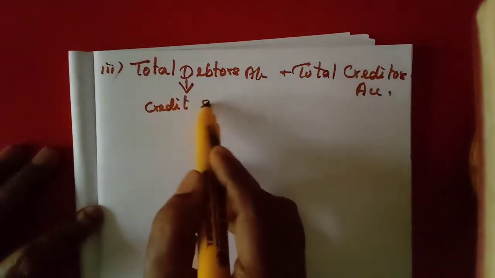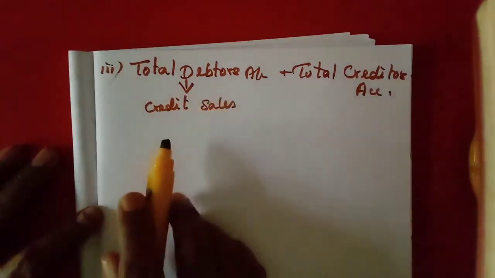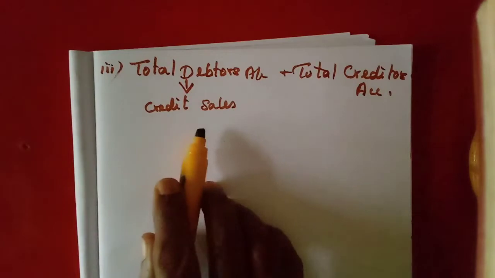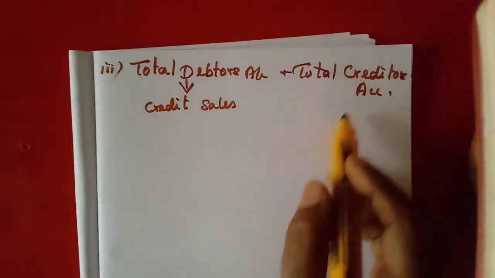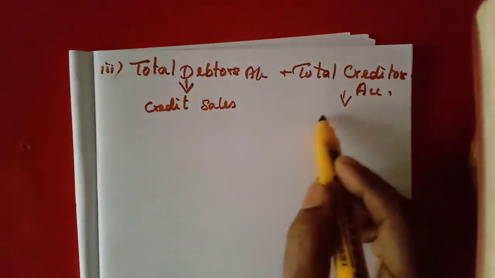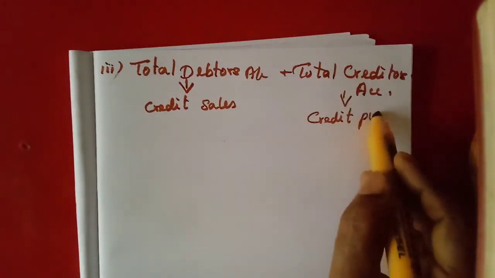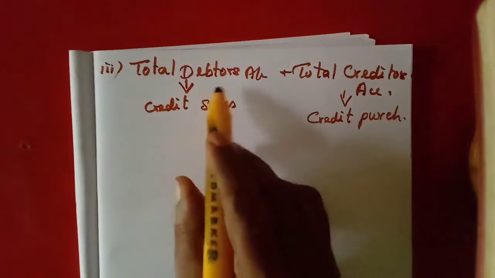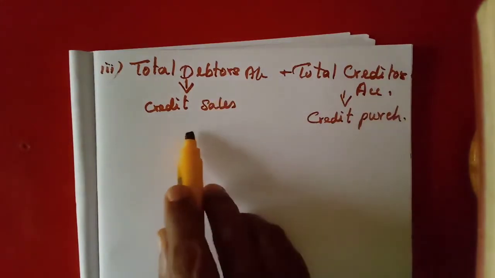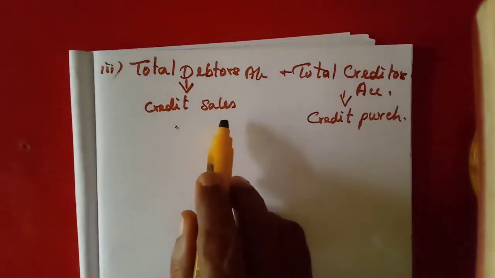How much is the credit sale? From the cash book we will calculate the cash sales. Here the credit sales. Here from the total creditors account we can calculate the credit purchases. Okay. This is what is included in our portion.